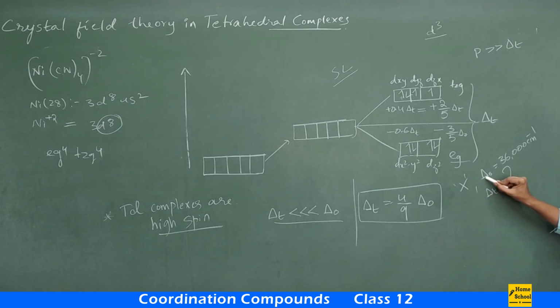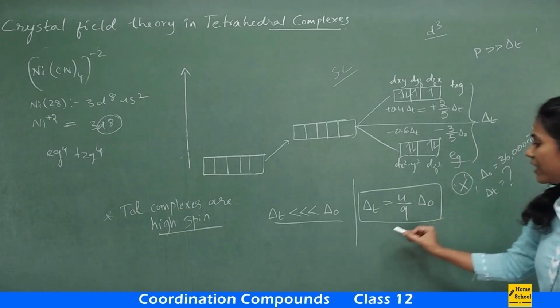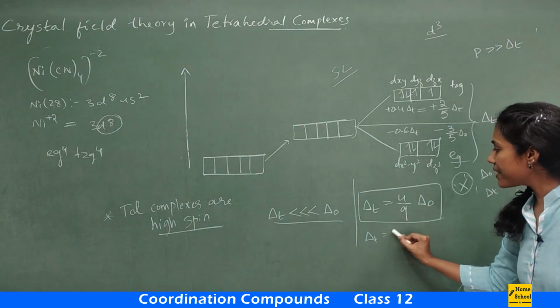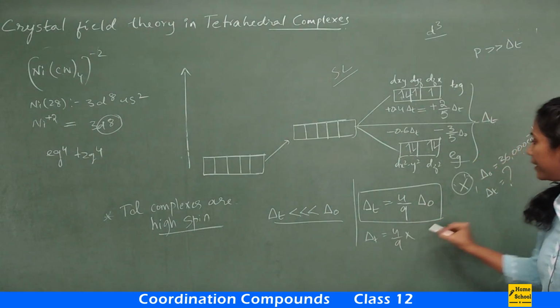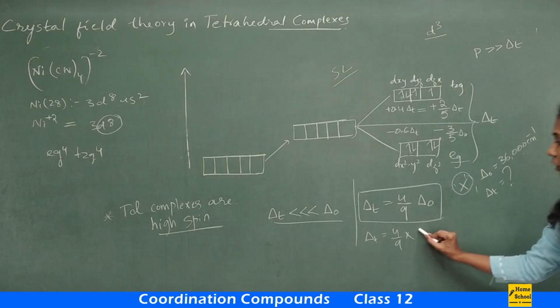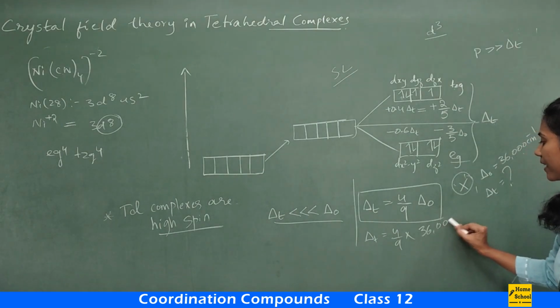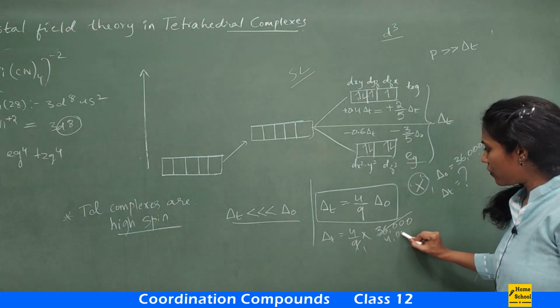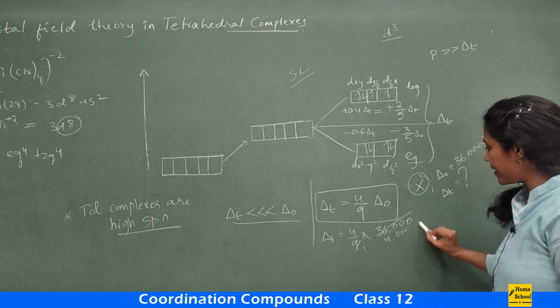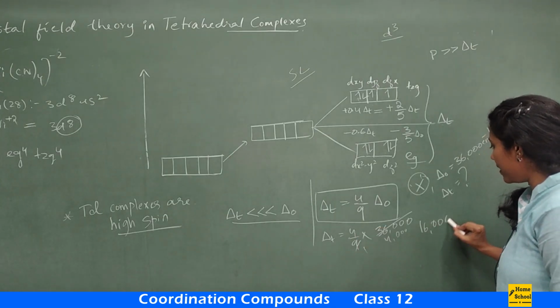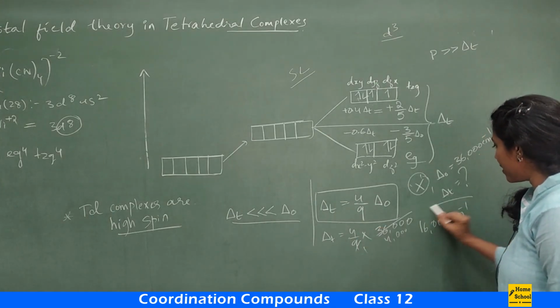That means the CFSE in an octahedral complex is this much; for the same element, how much is the CFSE in a tetrahedral complex? So just use this relationship. Delta T is equal to 4 by 9 into delta naught. They have given 36,000. 9 fours are 36, so 4,000 here. That means 4 fours are 16. That is 16,000 centimeter inverse is your answer.